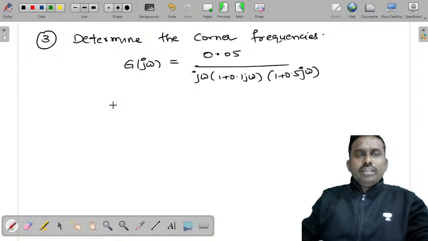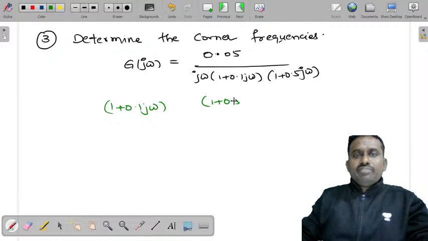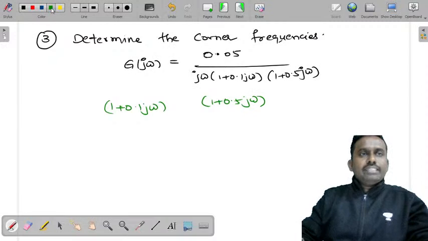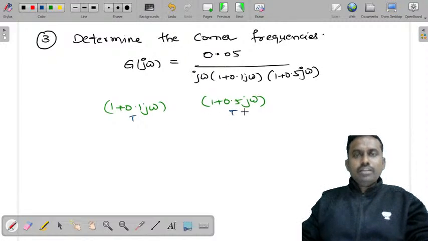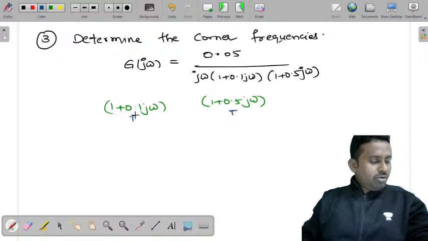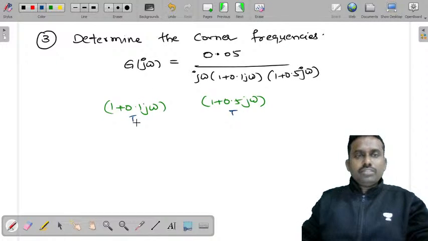These T values should be in descending order so that you have omega in ascending order.